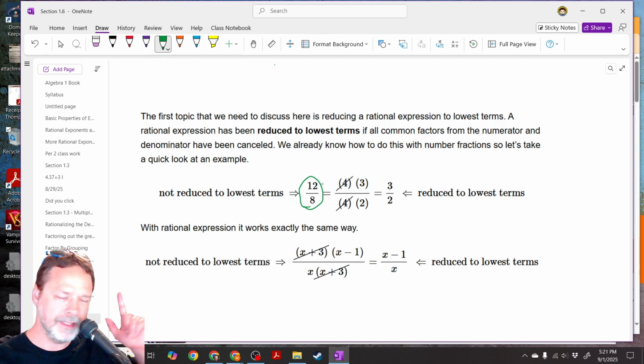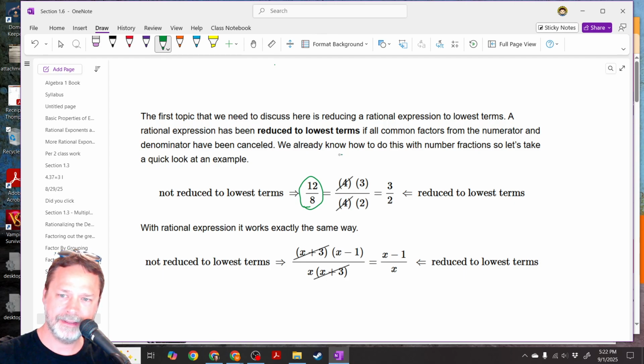Now, we don't want to think about it like that anymore. We want to factor it first and cancel out common factors. Because this really is just another way of saying 4 over 4 times 3 over 2. When you multiply fractions straight across, 4 over 4 is 1. So it's like 1 times 3 over 2. Those cancel.